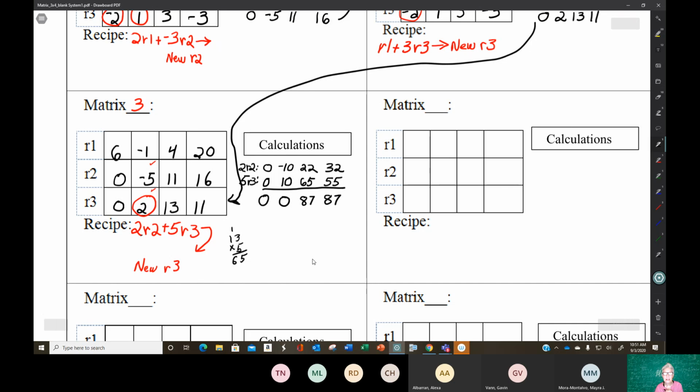Our lives are not going to be so bad, because when I know that that number goes evenly into that number, I can do the following very sneaky approach. I can say, okay, I can divide each number by 87.